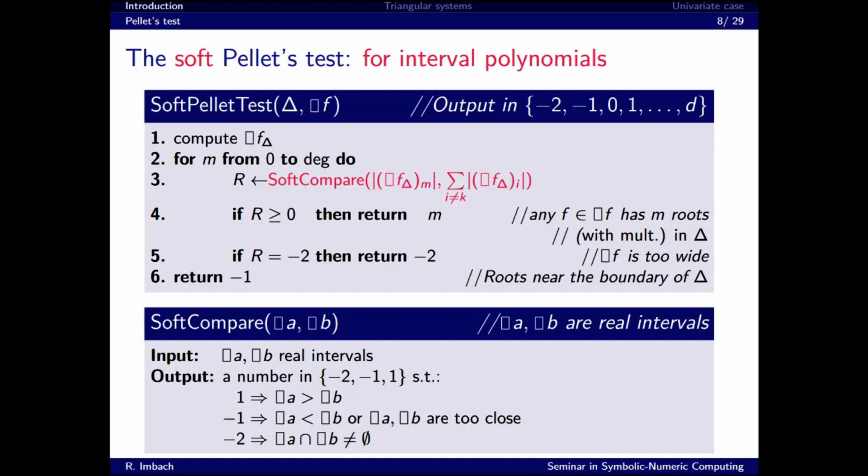If it returns a positive number, it means that any polynomial in box f, the interval polynomial, has m roots counted with multiplicity. If it returns -2, it means that the polynomial box f is too wide to be able to decide one of the inequalities. And if none of this holds for all coefficients m, we return -1. It means that there are roots near the boundary.